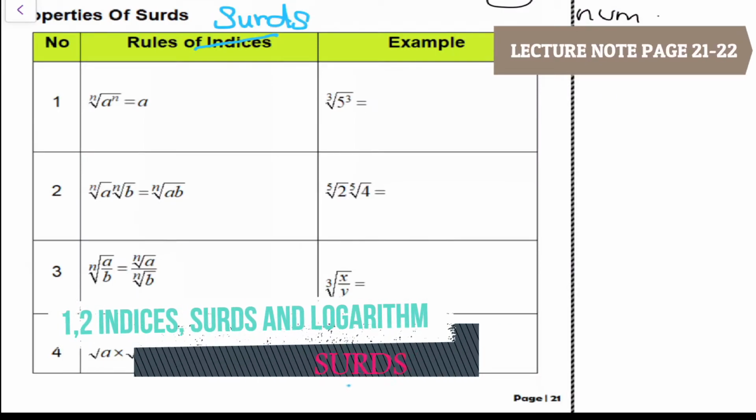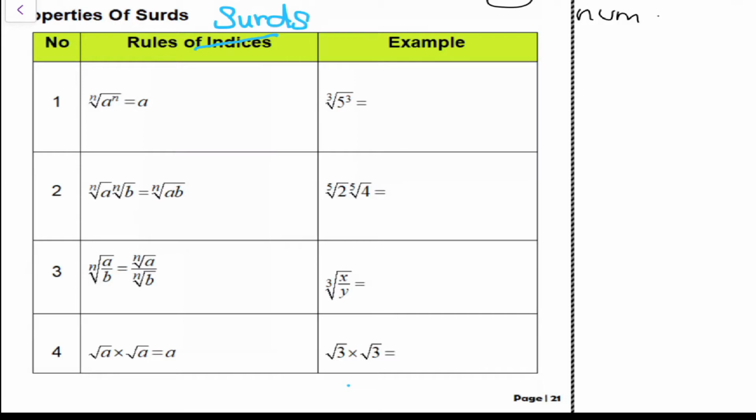Let us take a look at the rules of surds. The first one is when you have a surd where the index inside the root is equal to the index outside the root, so they can cancel each other, and the answer is equal to the radicand. To make it clear, we go straight to the example.